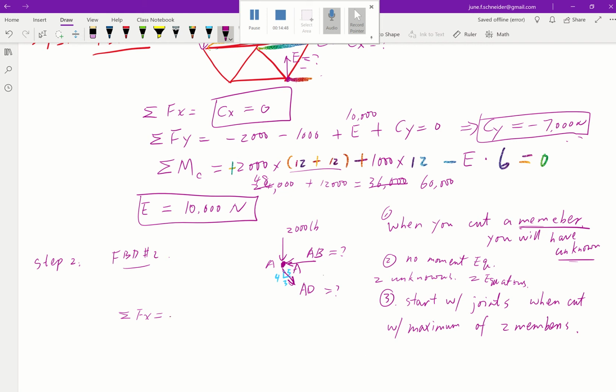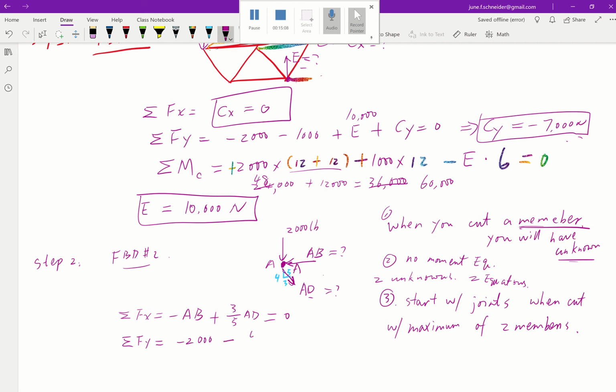Forces in the x direction, you have negative AB going to the left, and AD in the x direction will be 3/5 of AD, positive, equal to 0. And forces in the y direction will have negative 2,000. Then we'll have AD going downward as well.